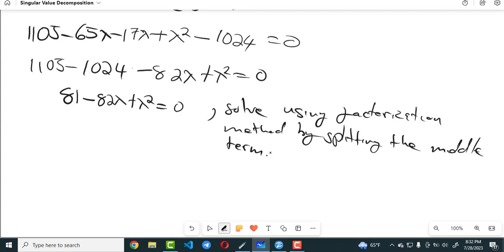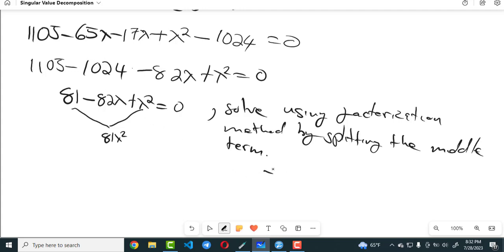So if we are using splitting the middle term, this is 81. If you multiply these two here and here, you get 81 lambda square. So only two numbers that we can get, and which gives us negative 82 here.